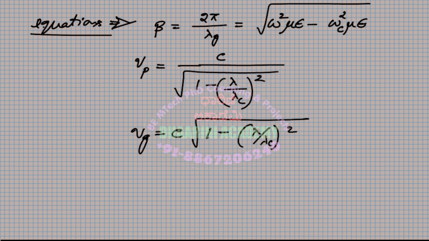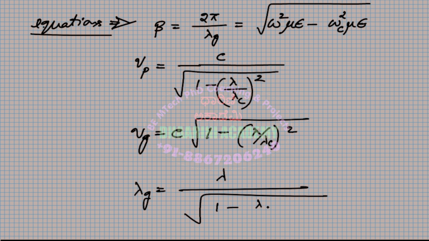That's the difference. And also I can try to write an equation for lambda g if required. This is the guided wavelength, right? Do you remember the term guided wavelength? Yes, it's that. So this is lambda divided by under root 1 minus lambda divided by lambda c the whole square.